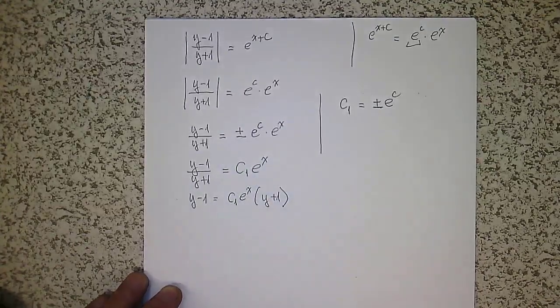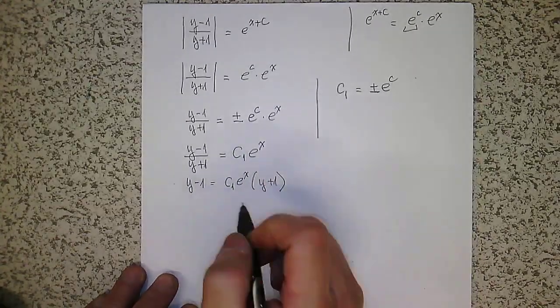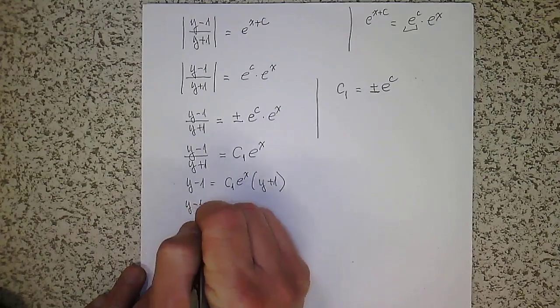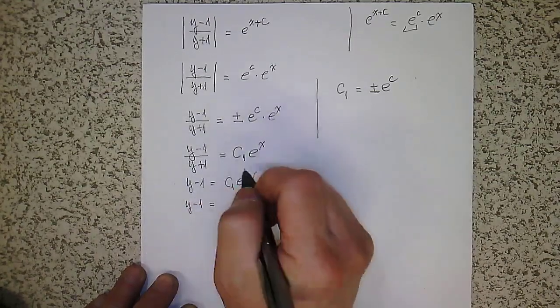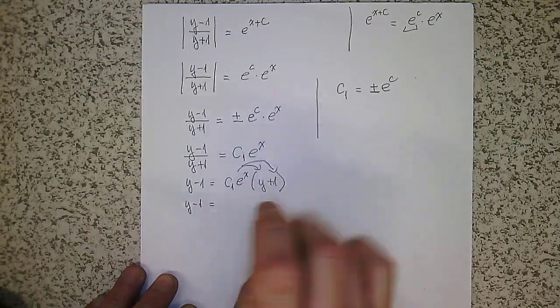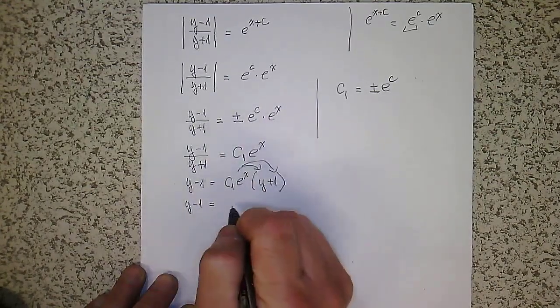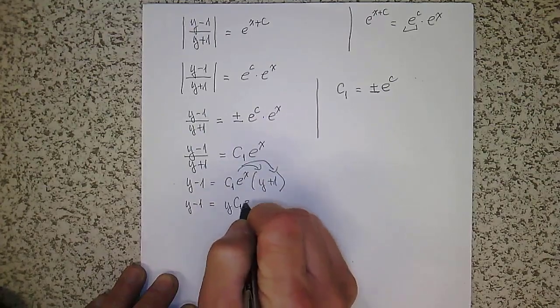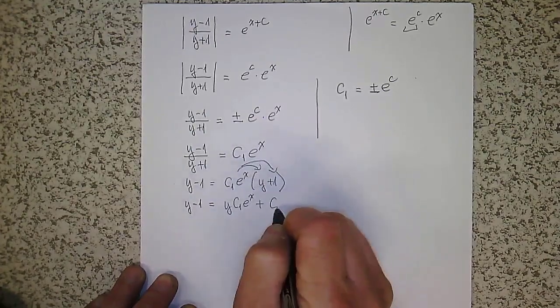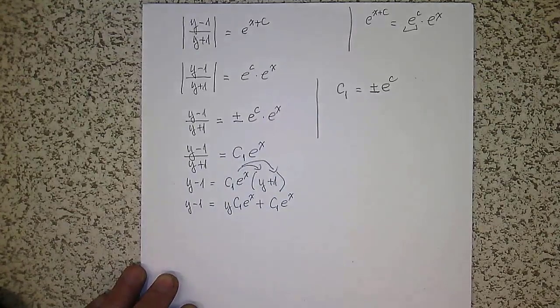And that will make y minus 1 equal, after distributing out the c1 e to the x to each term inside the parentheses, y times c1 e to the x plus c1 e to the x.